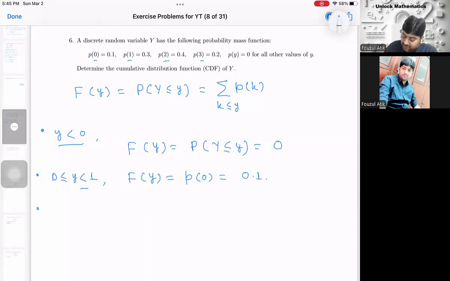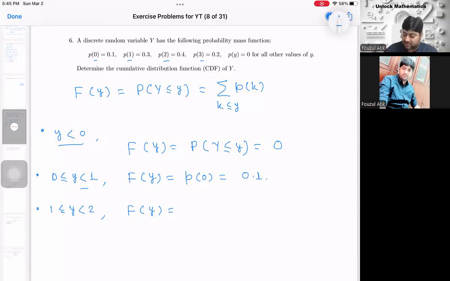Now what is the next one? The next step is to take 1 less than or equal to y less than 2. If your y value is between them, then what will happen? Now y is between 1 and 2. Suppose you think of 1.5. You have to take the probability mass function addition up to 1.5.